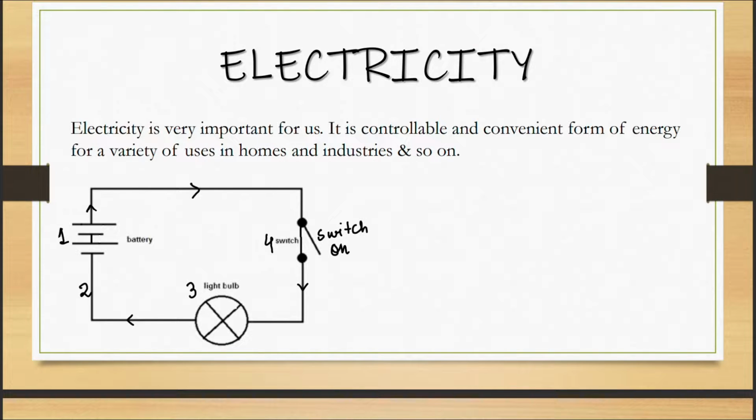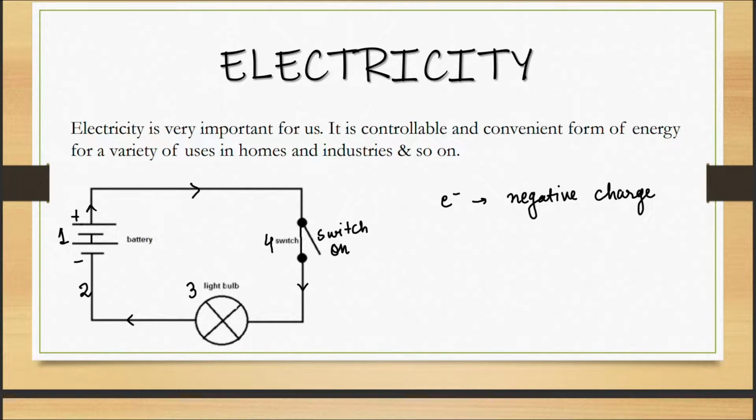Also, we should know that electrons are moving, because we already know that electrons, the negative charge in the atom, flow from one point to another point. These negative charges flowing from one point to another are responsible for generating electricity. So where does this flow? This is the negative terminal of the battery and this is the positive.